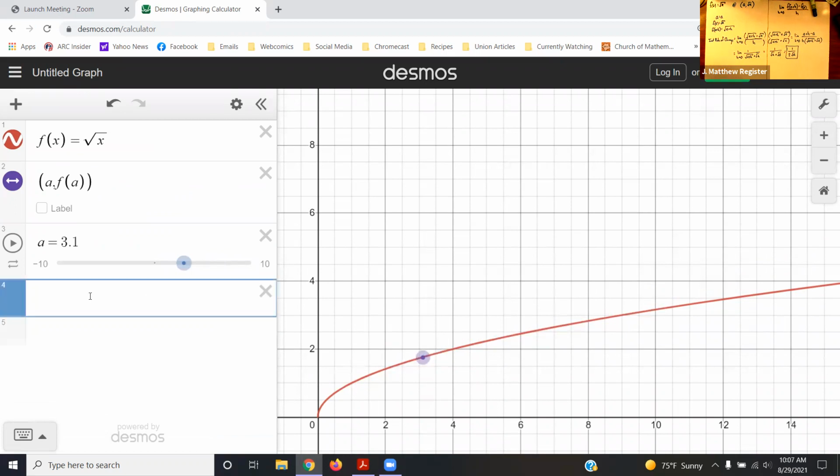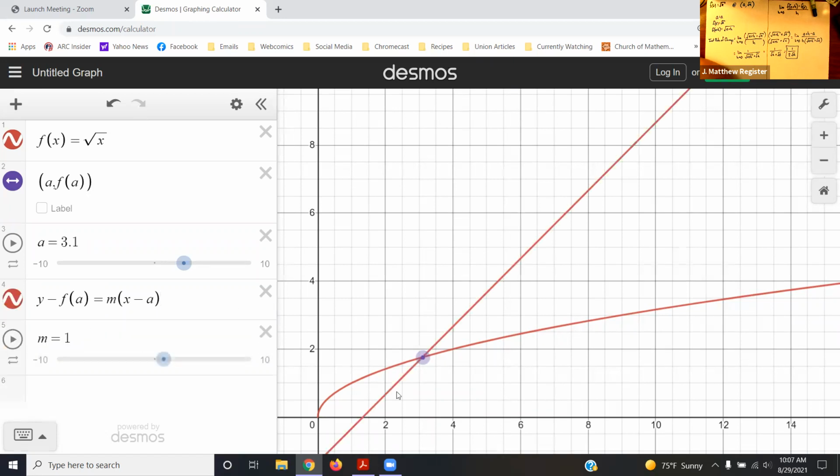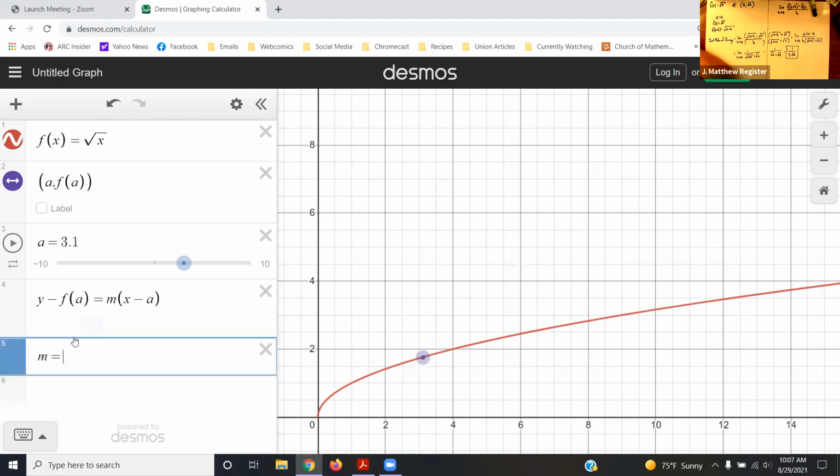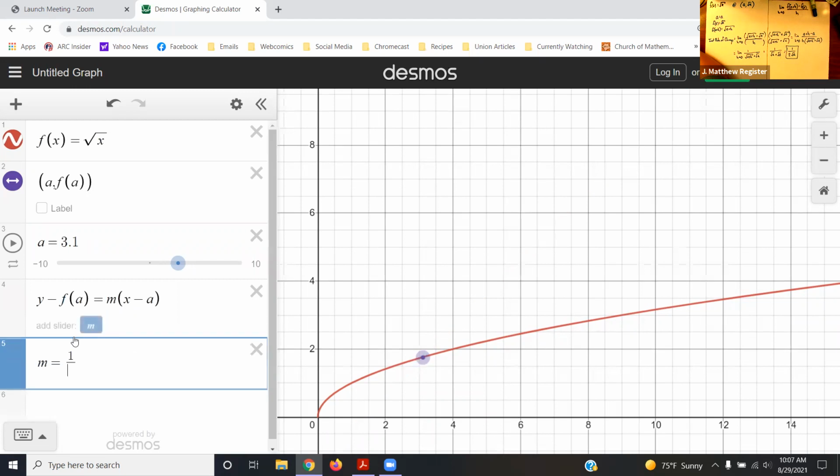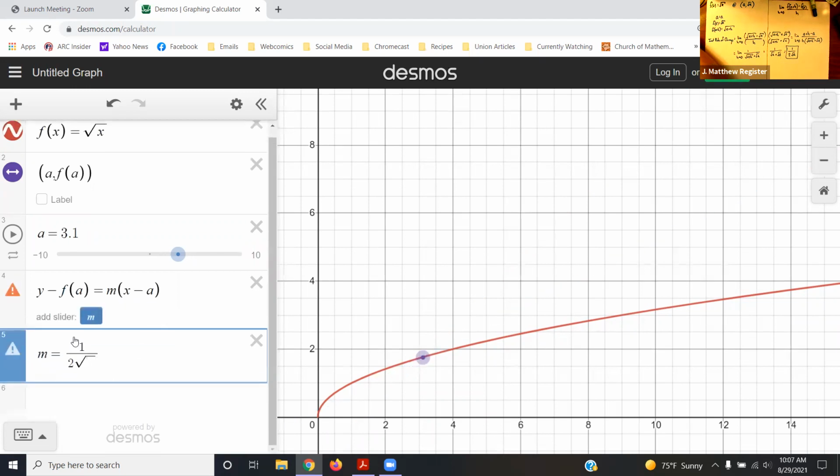The equation of the line going through that point would be given by y minus f of a equals m times x minus a. And now we just need to know what that slope is. And our instantaneous rate of change, that 1 over 2 square root of a, is the formula for the slope at any point. So 1 over 2 square root of a.